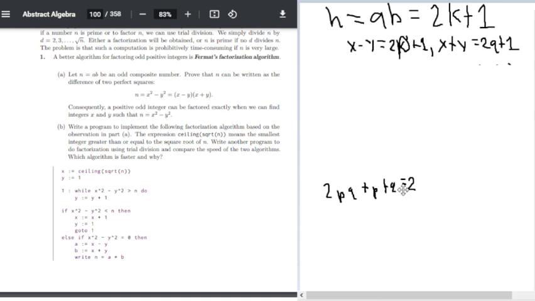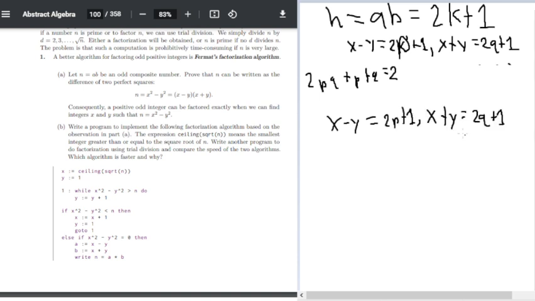So x minus y equals 2p plus 1. X plus y is equal to 2q plus 1. We get that x minus 2p minus 1 is equal to y, and that y is equal to 2q plus 1 minus x.